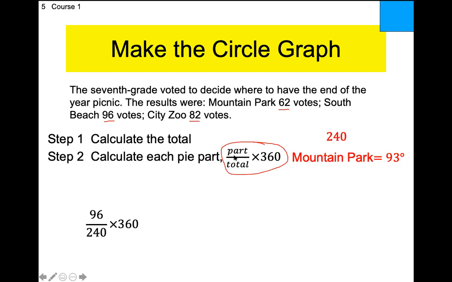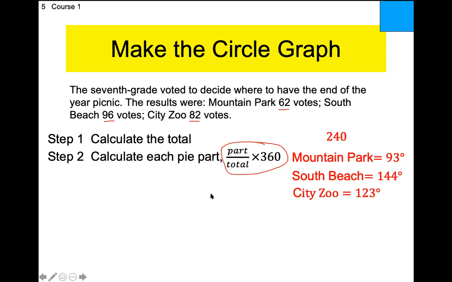I get 144 degrees, for the kids that want to go to the beach. Lastly, we do it for the zoo. There were 82 votes. The total was 240. On my calculator, 82 times 360 divided by 240, and I get 123.